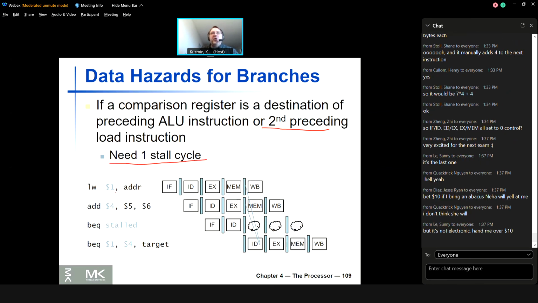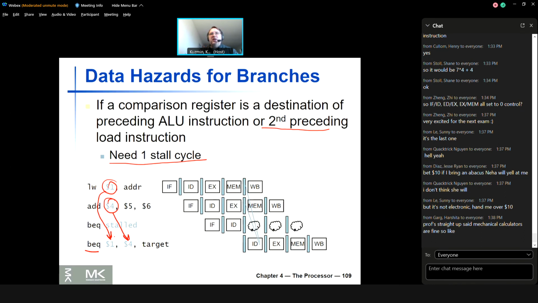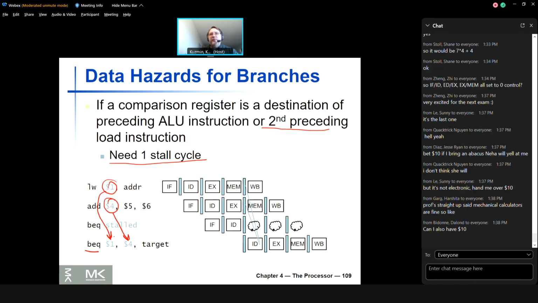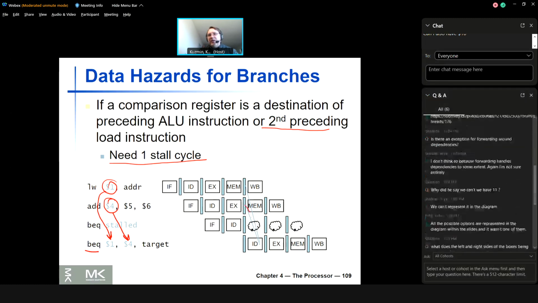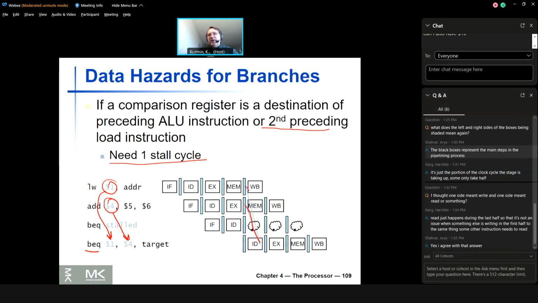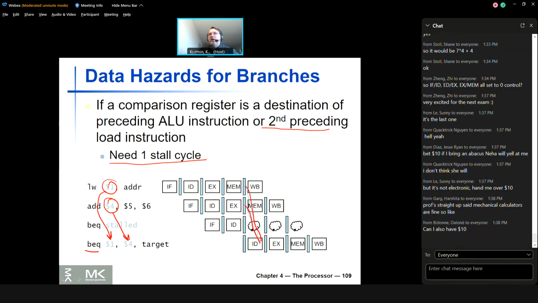Okay, so this is this right here and here and here and here, right? So we need both for this BEQ, which means we cannot just resolve it with forwarding, as this example shows. We need this value here and here, and that means that we're going to need to stall for 1 cycle.